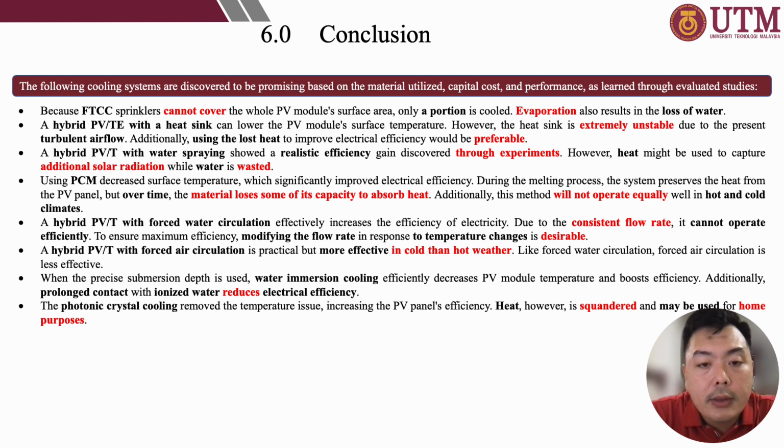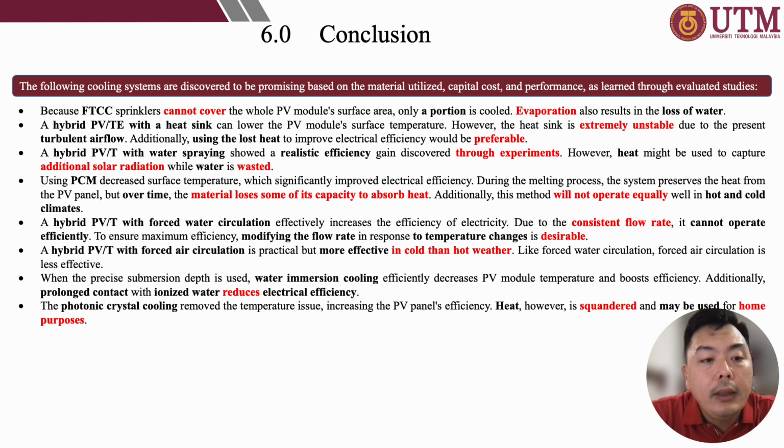During the melting process, the system preserved the heat from the PV panel, but over time, the material loses some of its capacity to absorb heat. Additionally, this method will not operate equally well in hot and cold climates.